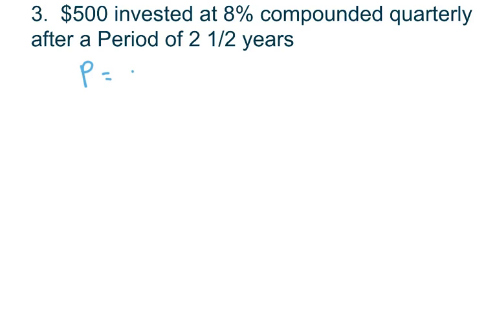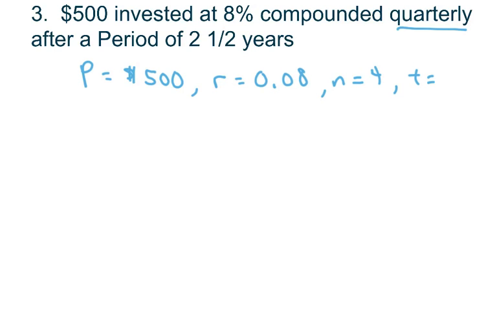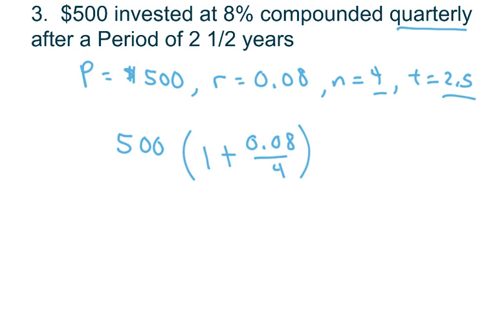Next one. So you see it's the same thing. P is 500. R is 0.08. N is quarterly, so that's 4. And T equals 2.5. So we're going to write 500 times 1 plus 0.08 over 4, and then you just multiply 4 times 2.5.